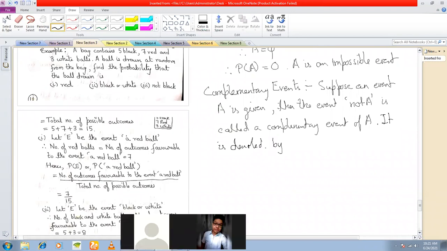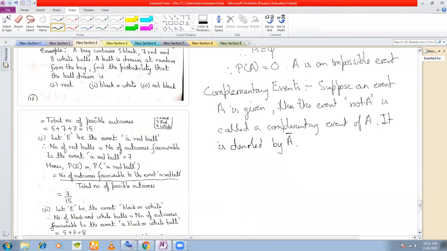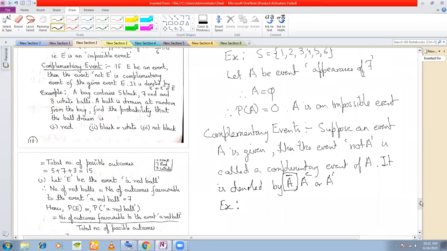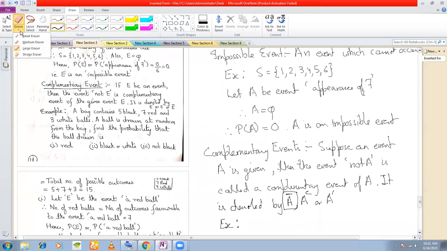Remember you did complementary sets in your sets chapter. That is the kind of definition. It is denoted by A bar. We also denote it by A superscript C, or A dashed. Normally we use this notation, A bar. Let us see this with the help of an example.